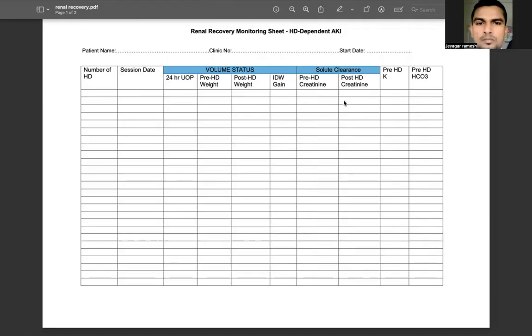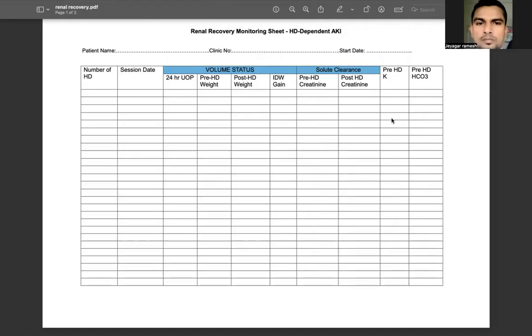If it has not gone up or it has reduced, then it is suggestive of adequate solute clearance, and you can think about withholding the dialysis. And if two consecutive serum creatinine values are coming down without dialysis, then it is more suggestive of a renal recovery.